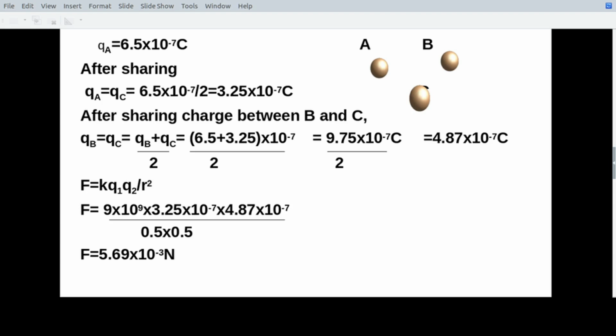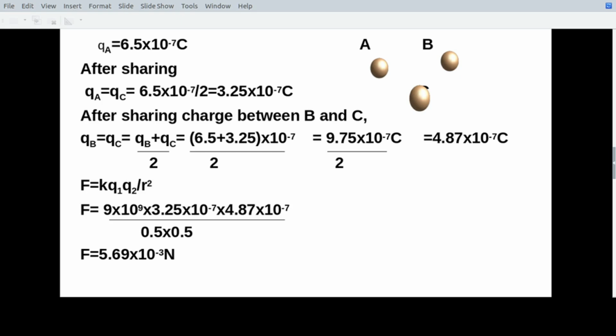Now, this sphere C is brought into contact with B. See the figure? C is now in contact with B. Then what happens? The charge on B and C will be equally shared. So, after sharing the charge between B and C, QB and QC will be equal to (QB plus QC) by 2.